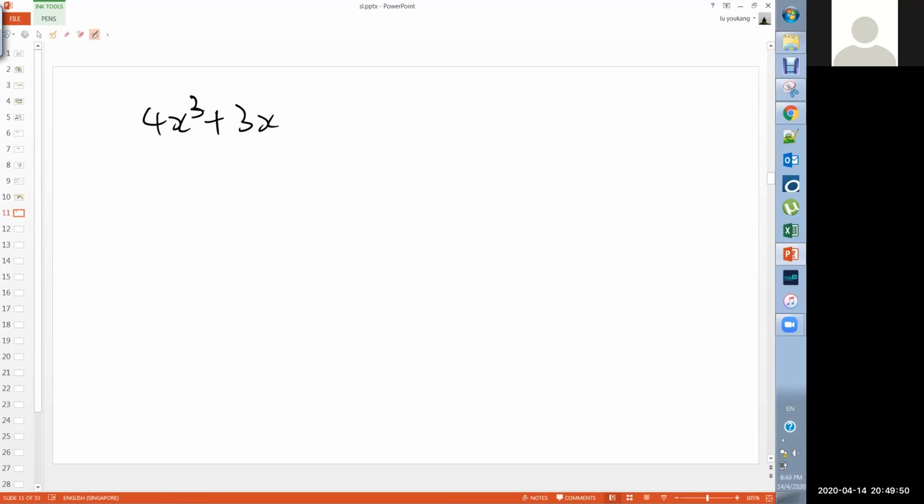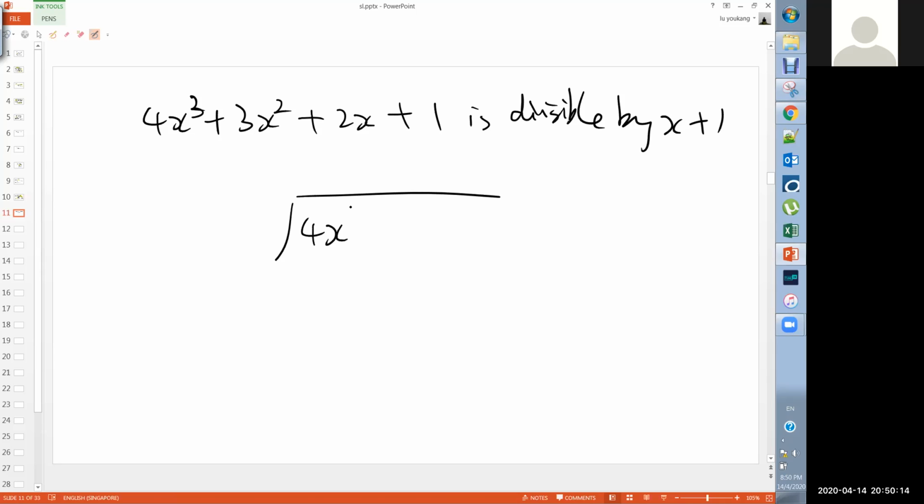I can only think of a question, but this question might not be valid. Okay, it's divisible by probably x plus 1, let's say. I don't know. Let me think. Let's treat it like this is a valid question. So if it's divisible by x plus 1, then you just do long division.